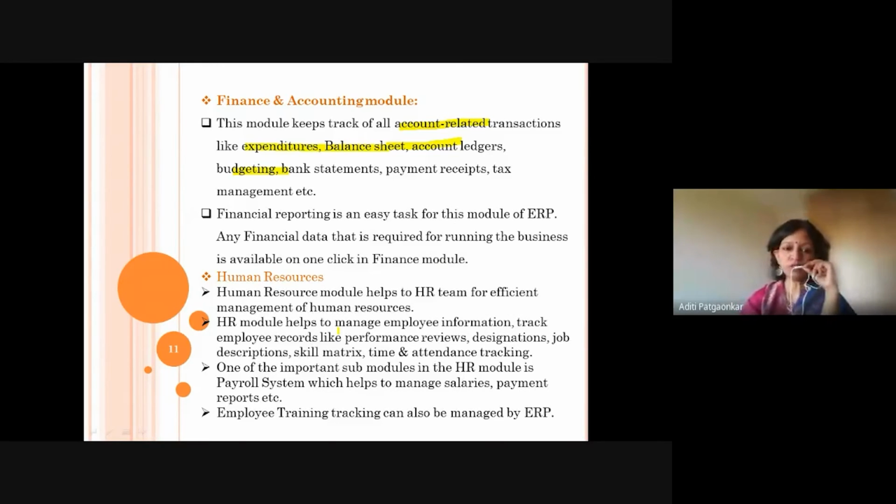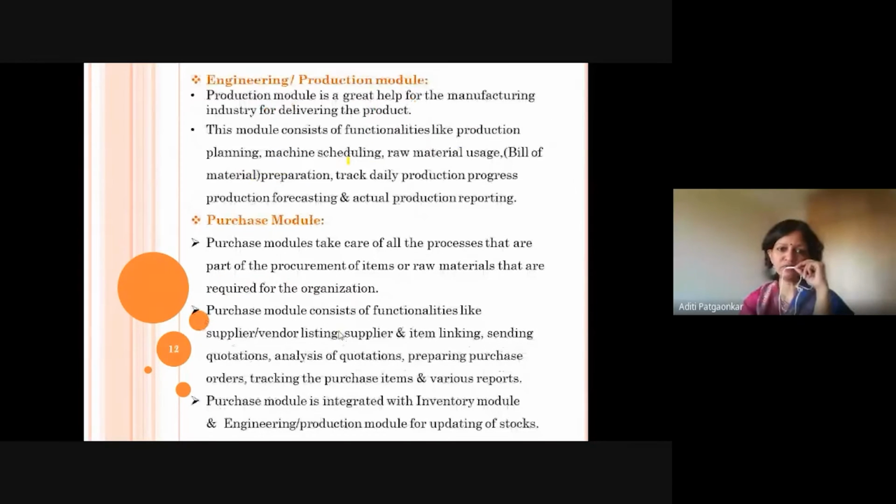Okay, the third module that we have here is the production module. As I told you at the start, ERP is specifically used for manufacturing, factories, or production units. So the major role of ERP software is production. This module helps in delivering the product.